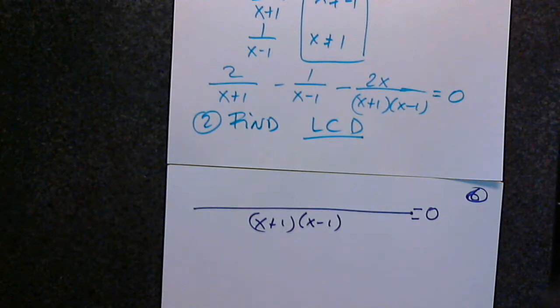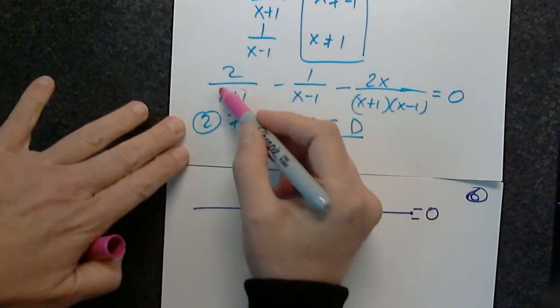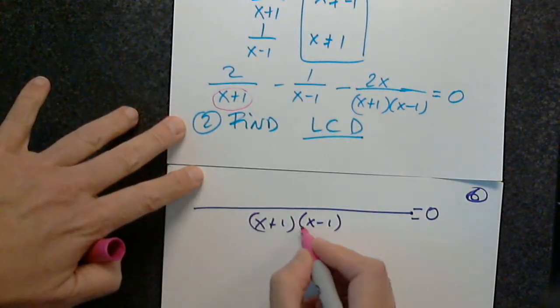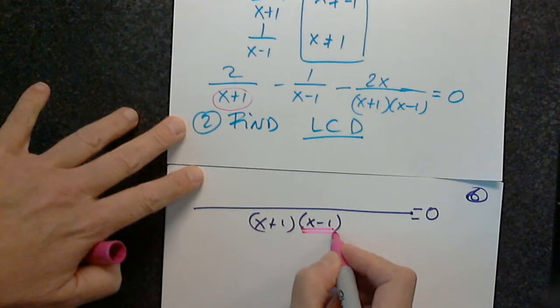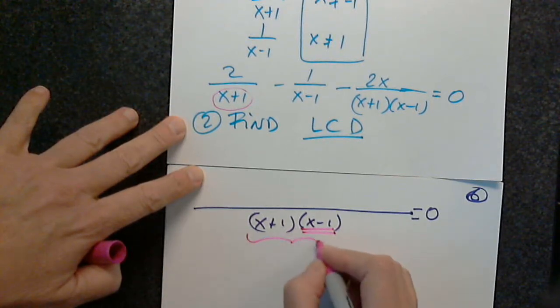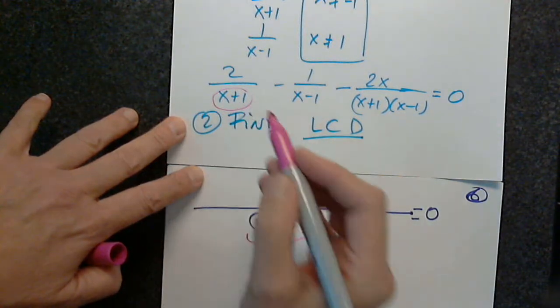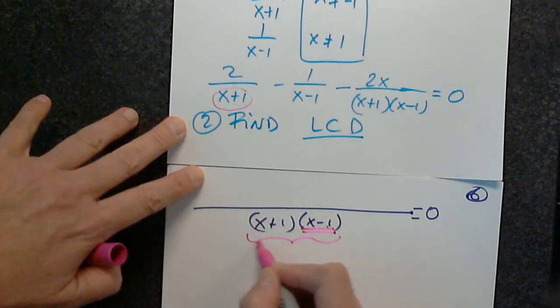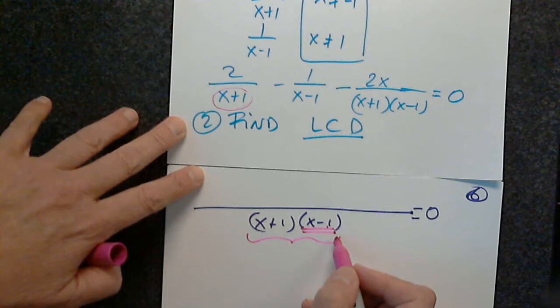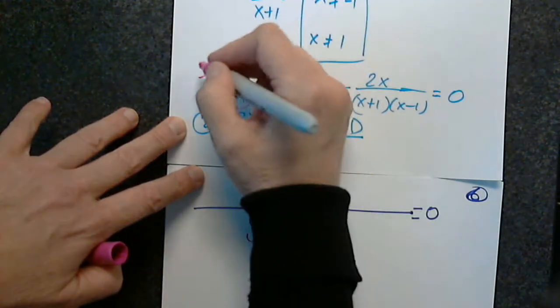Now, please follow through and ask questions. This is very important. The next step is very crucial here. X plus 1 was multiplied by this quantity to get this product, correct? Agreed? We have to do the same thing to the top.